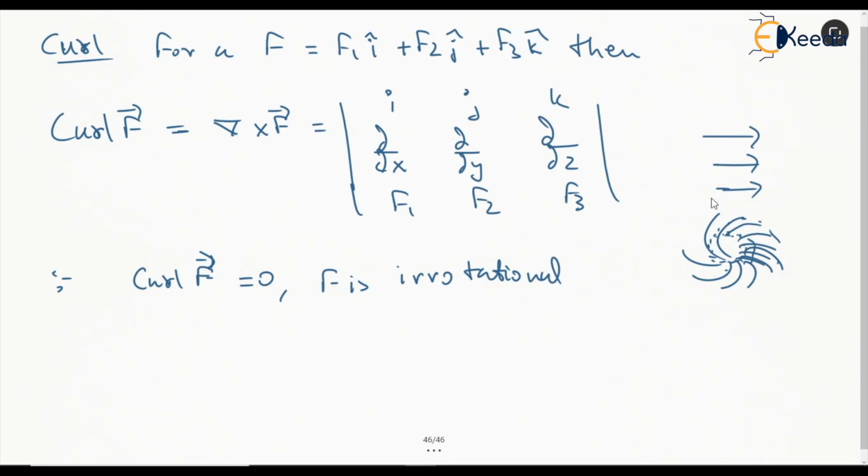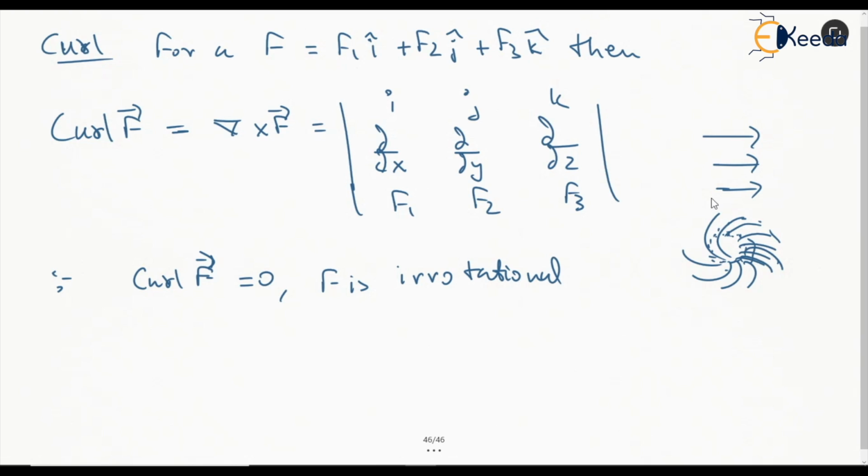Also, we'll come across a topic in further vector calculus, that is Green's theorem, or maybe in Stokes' theorem also we'll see that once the curl of a field is zero, then that field becomes conservative, or you can say the line integral over a closed path will be zero.